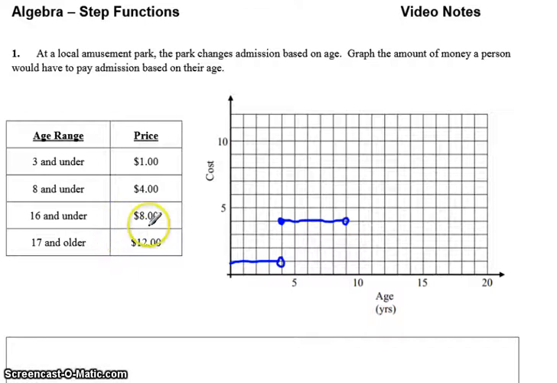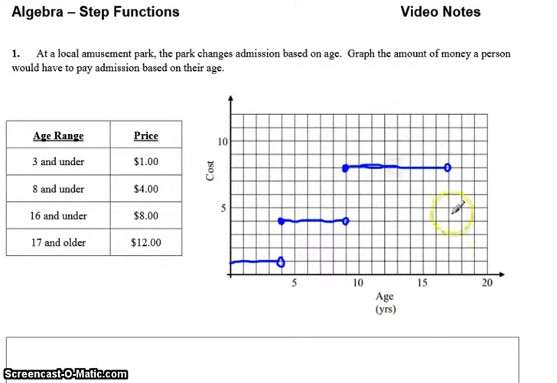16 and under, same thing. This costs $8. So I'm going to start here at $8, and I'm going to go all the way to 17, but it's an open circle at 17. My lines aren't that great.